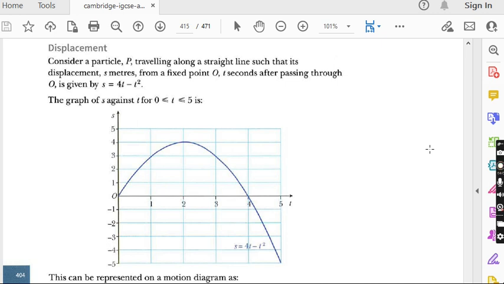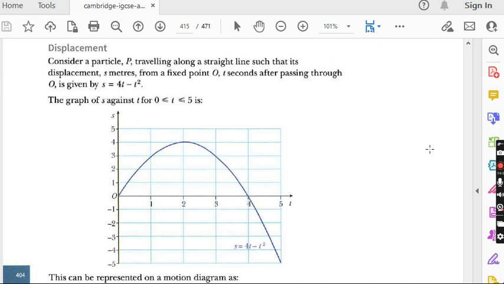When time is 3, the displacement is 3. When time is 4, the displacement is 0. And when time is 5, the displacement is minus 5. So a vector quantity can be positive or negative. This is the graph of s equals 4t minus t squared.